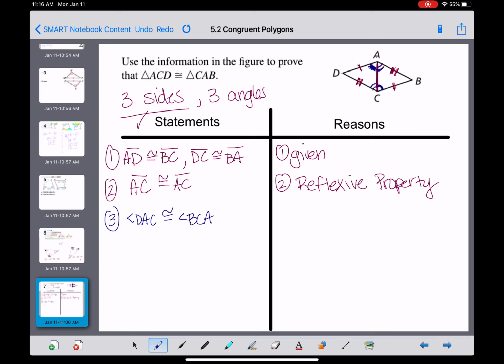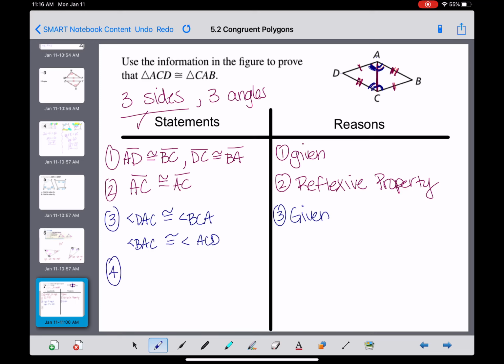Now the 2 arc marks, I'll start up here with this top one, angle BAC, making sure that the vertex is in the middle, is congruent to these 2 bottom arc marks, angle ACD. That is given. So I need to show the third angle.